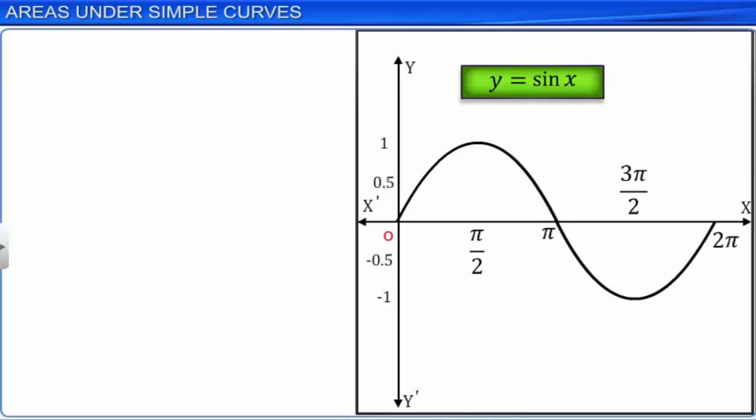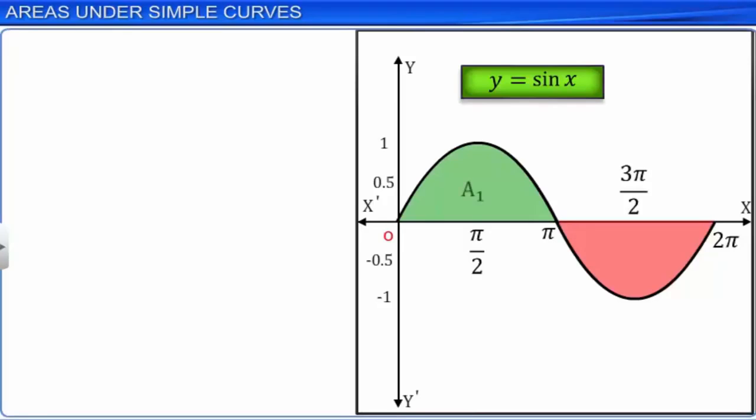Here, the value of the function is positive above the x-axis and negative below the x-axis. Let the area above the x-axis be denoted by A1, and the area below the x-axis be denoted by A2. So the total area enclosed by the curve with the x-axis is A1 plus mod A2 as shown.